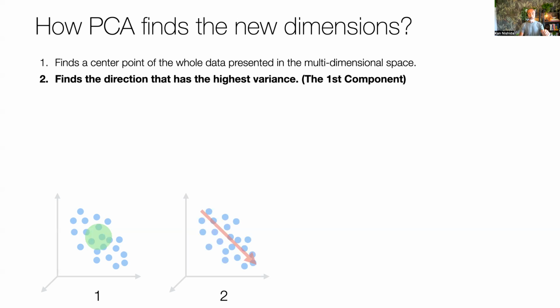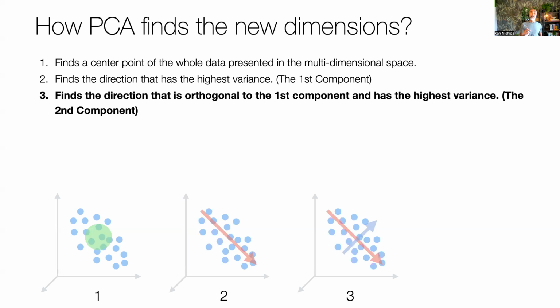That's why we draw that line, and this becomes the first component, or first newly artificially created dimension. Then next, find the direction, and here's the key, that is orthogonal to the first component. The first component is red, and now we're drawing the second one in blue. But this one is not going to go parallel to the first one.